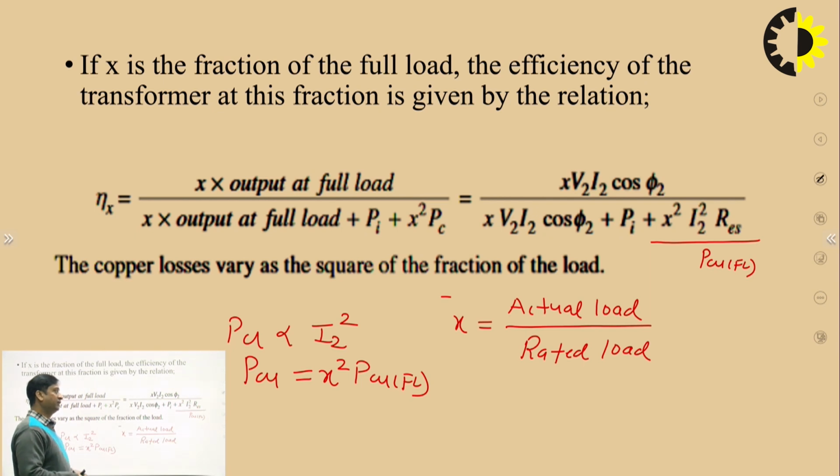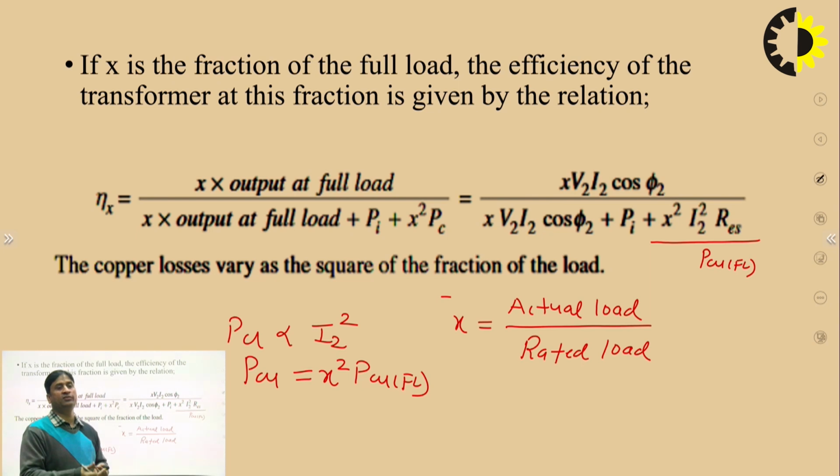So this is how we can calculate the transformer efficiency at any load: 10%, 50%, 75%, and whatever. Because we know that the transformer's output load is varying.